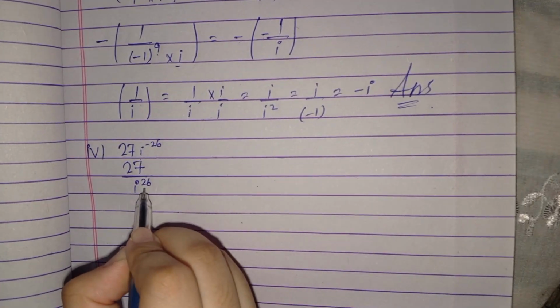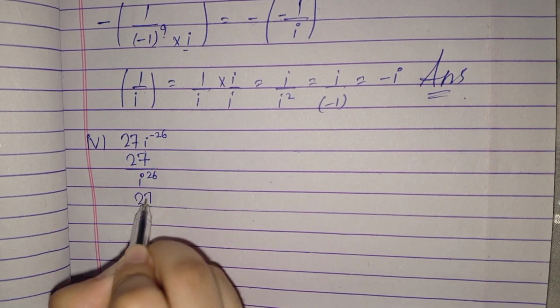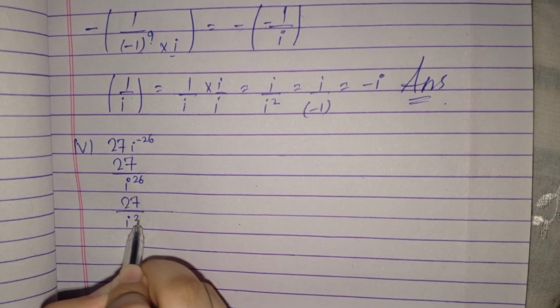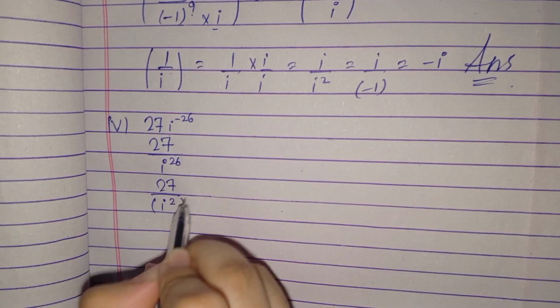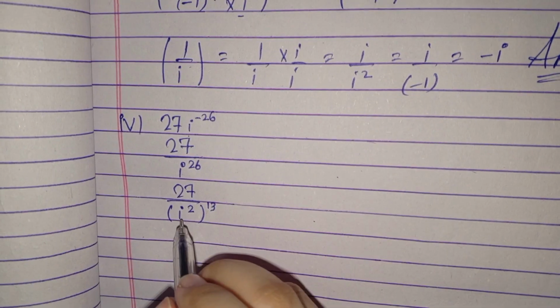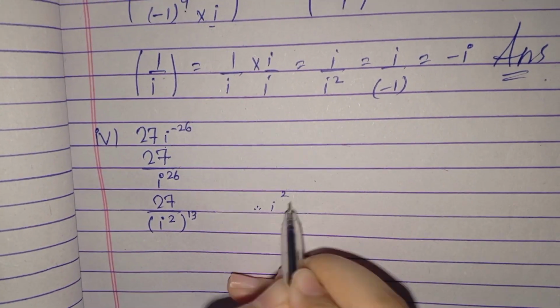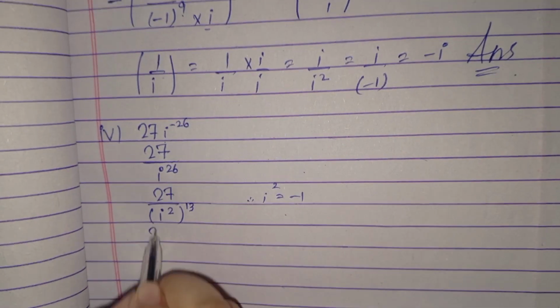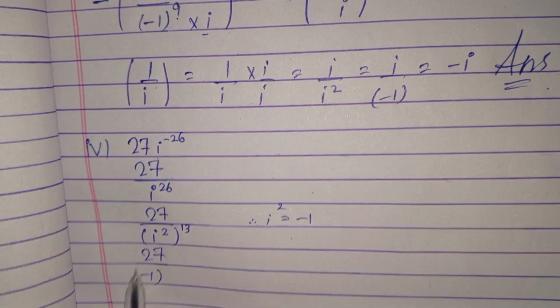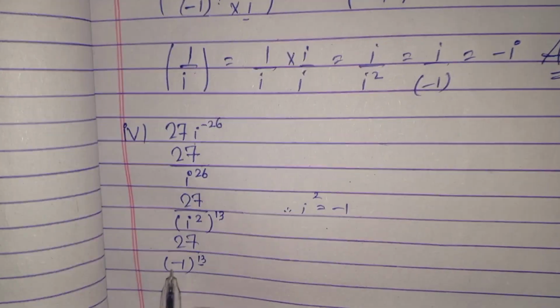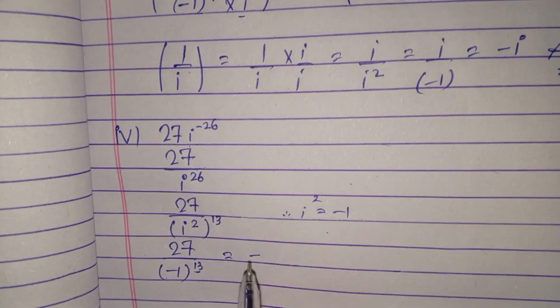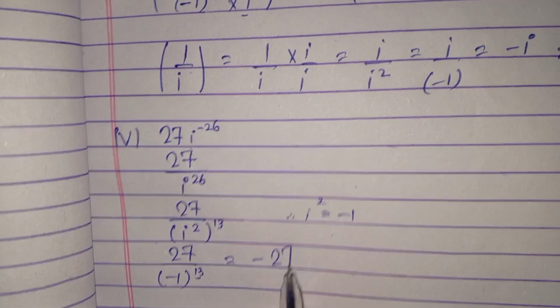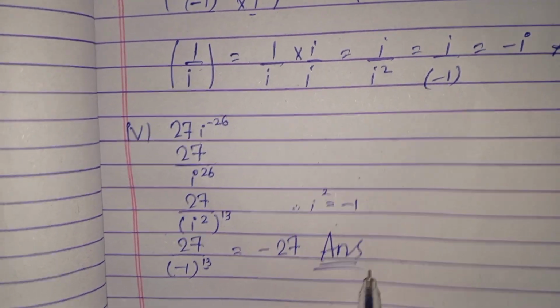Now 26 is a multiple of 2, so 27 over iota square power 13, of course. We know that iota square is equal to -1, and 27 over (-1) power 13, an odd power, so -1 remains the same, so minus comes up: -27 is my answer.